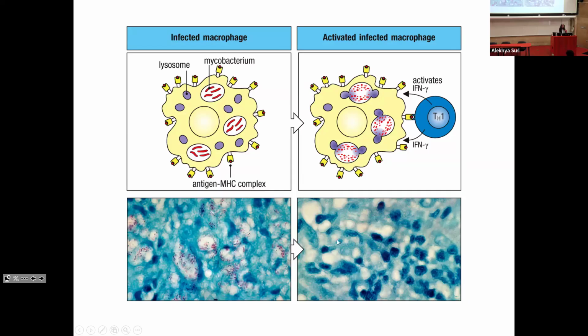So if you look at a tissue, this is a tissue example where the T cells have still not been activated. There's no interferon gamma, and once the T cell activation occurs and interferon gamma is secreted, you can see there's very little bacteria. This is a special staining that's used to detect these bacteria. You can see tons of them here, and in this case, you see very little bacteria.